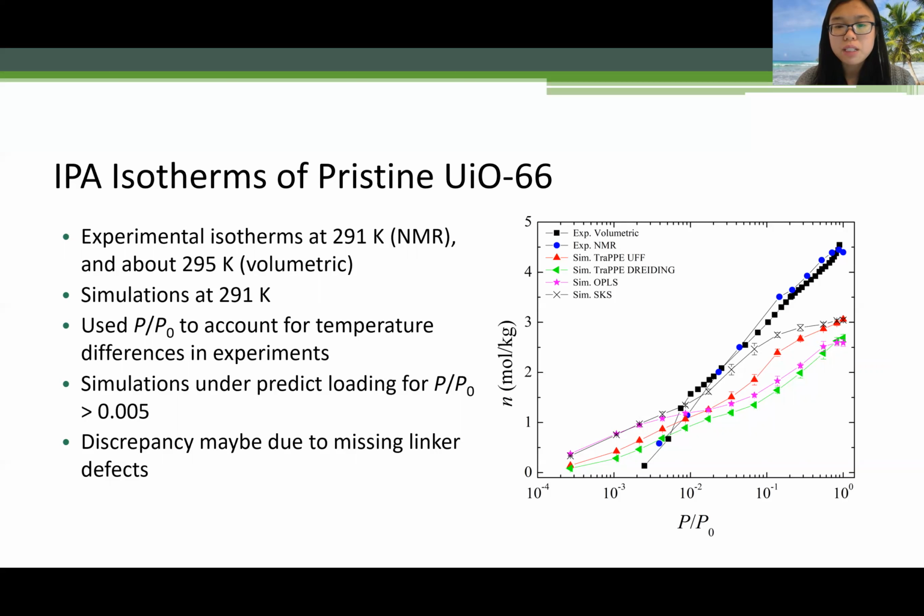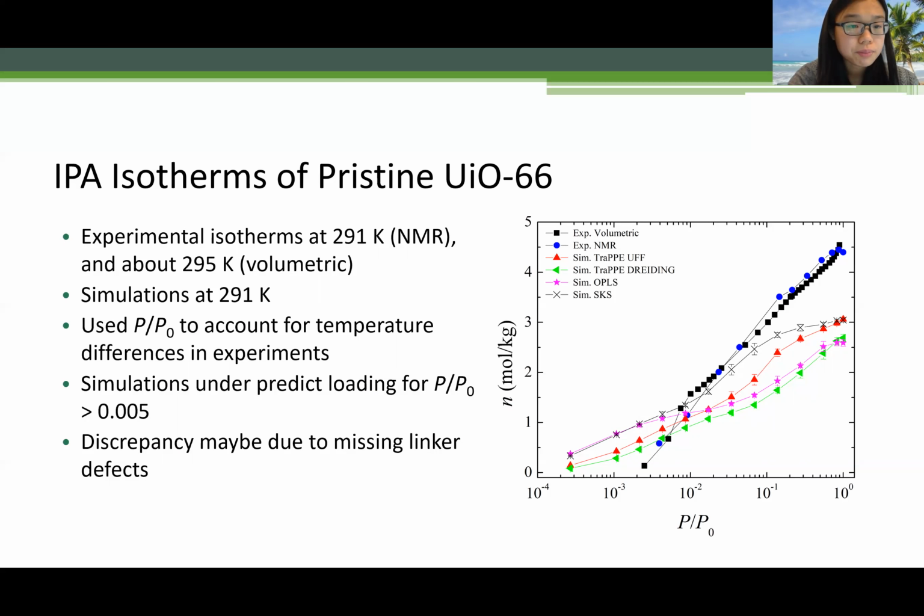You can see from the plot that all those simulation results significantly underpredict the loading at relative pressures above 0.005. The simulation is conducted at 291 Kelvin.